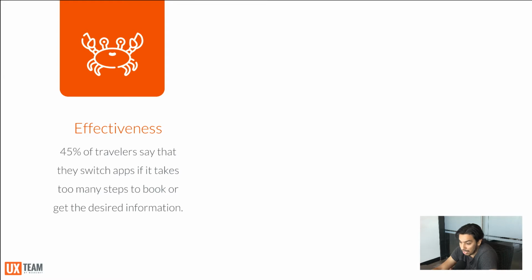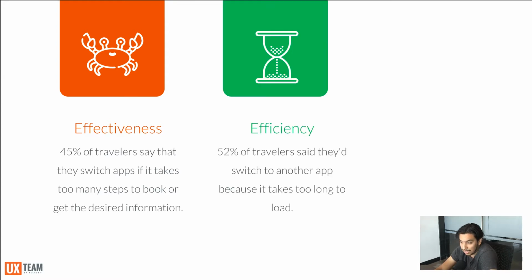In efficiency, 52% of travelers said they will switch to another app because it takes too long to load. That's switching from app to app in order to get the efficiency and the desired outcome they want.